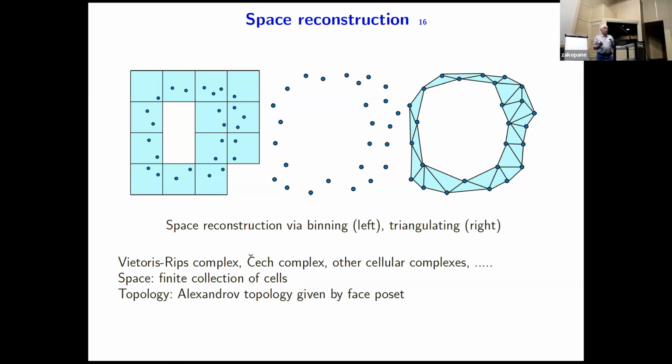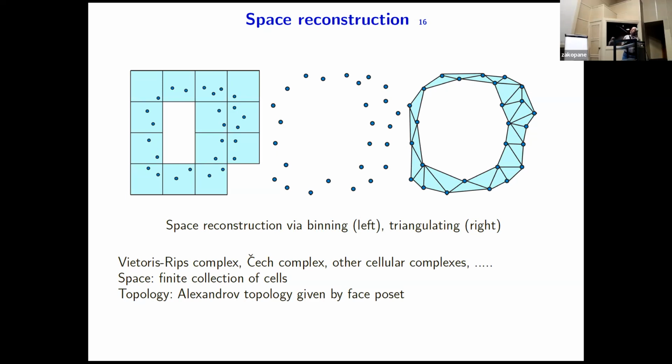And these two topologies seem to be very, very different. At least they are not homeomorphic for obvious reason. One is on a finite set, one is on a continuum. But nevertheless, in terms of algebraic invariants, in terms of algebraic topology, there is a McCord theorem which says that actually they are equivalent.